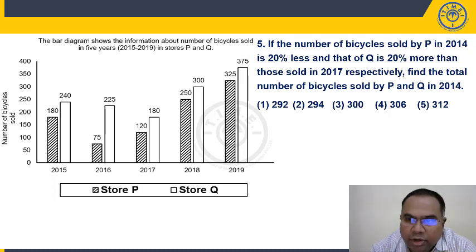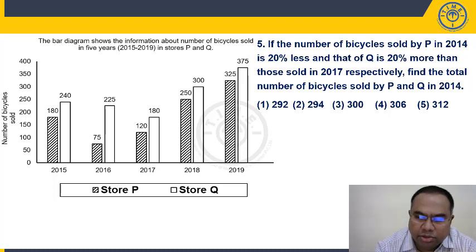So he is asking you to find the total number of bicycles by P and Q in 2014. 2014 is not given here, but some reference percentages more and less are given. Based on that, you need to find out the 2014 P value and Q value.